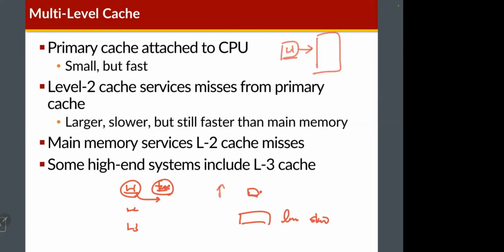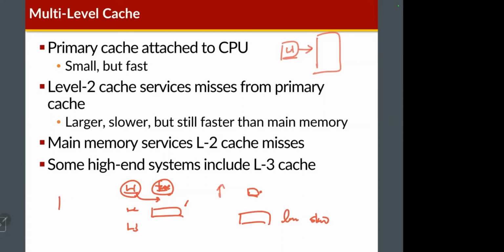Okay, but the size of L2 is larger than the L1. Why? We want to store more data in L2. And the benefit is that the L2 is located inside of the processor.